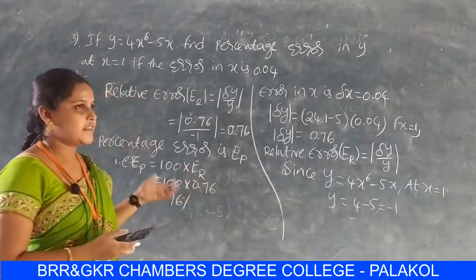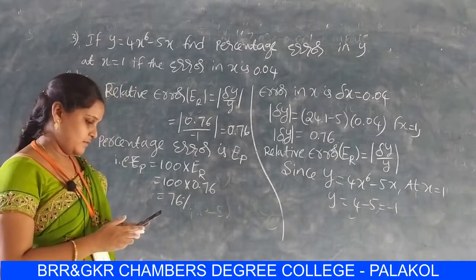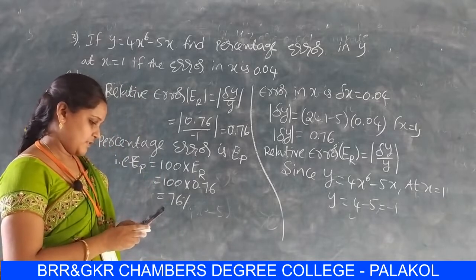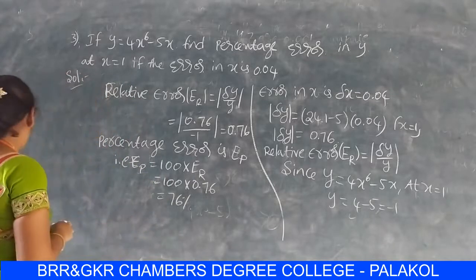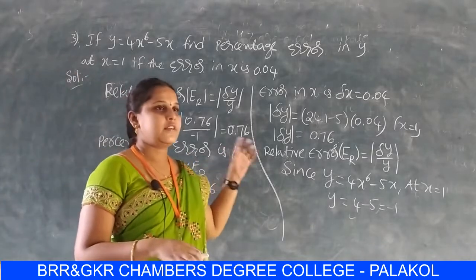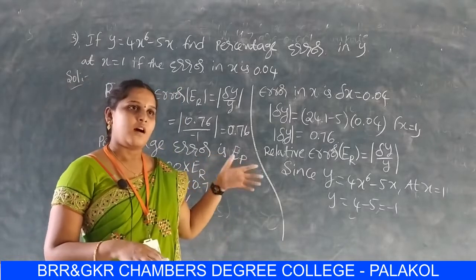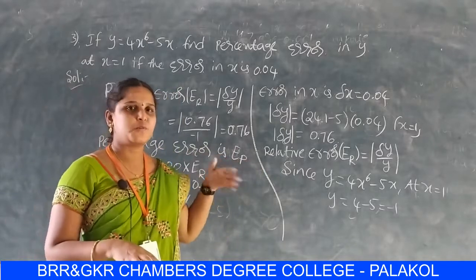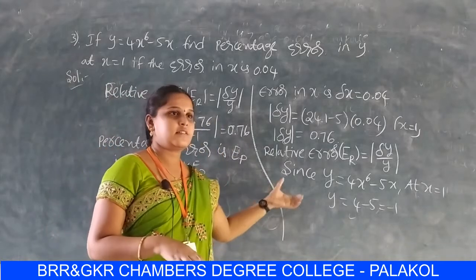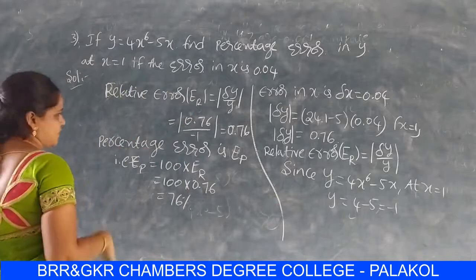Percentage error is based on the relative error. Now once calculate: 0.76 is nothing but 76%. So this sum is also complete. This is the case of only the x variable. Similarly for only y or only z, the procedure is the same. So this sum is also complete.